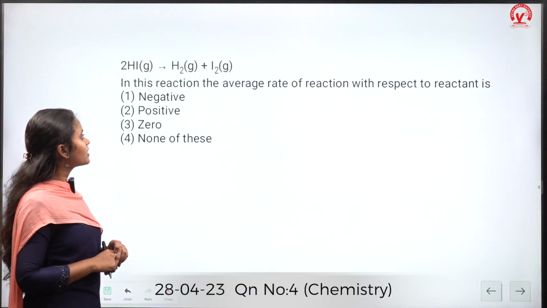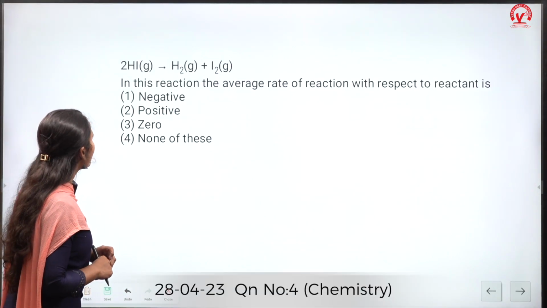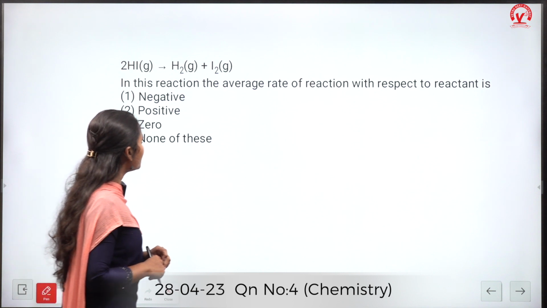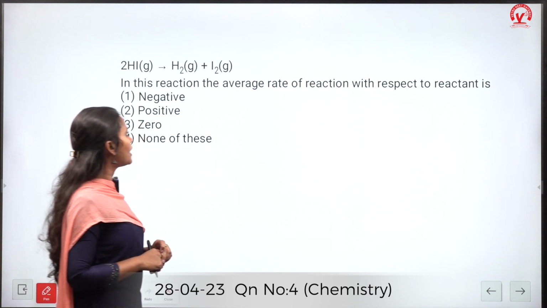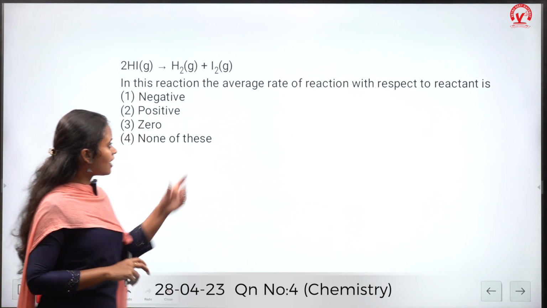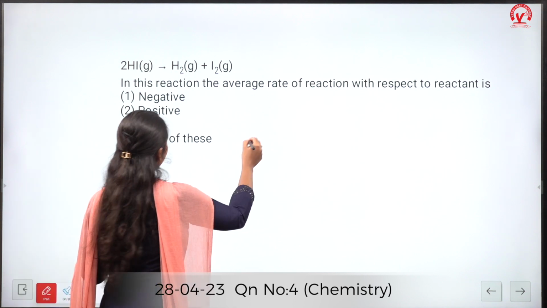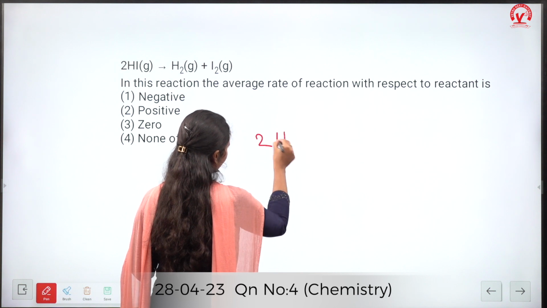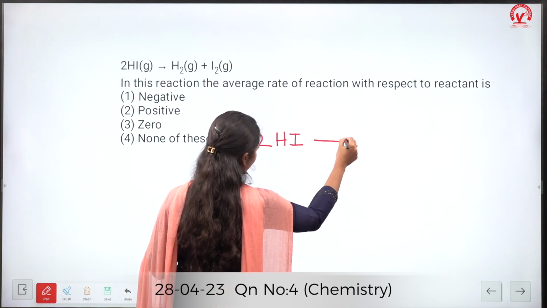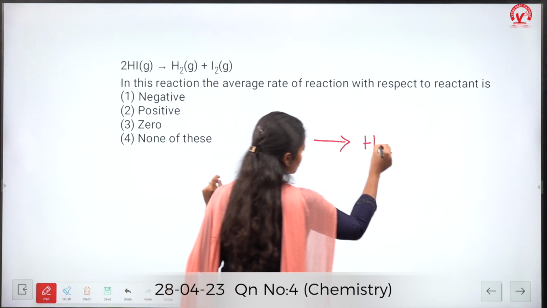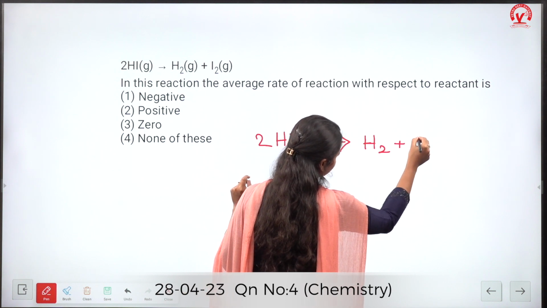Here they are giving a reaction in which hydrogen iodide gives hydrogen H2 and I2. In this reaction, they are asking for the average rate of the reaction with respect to the reactant. The equation is 2HI giving H2 plus I2.